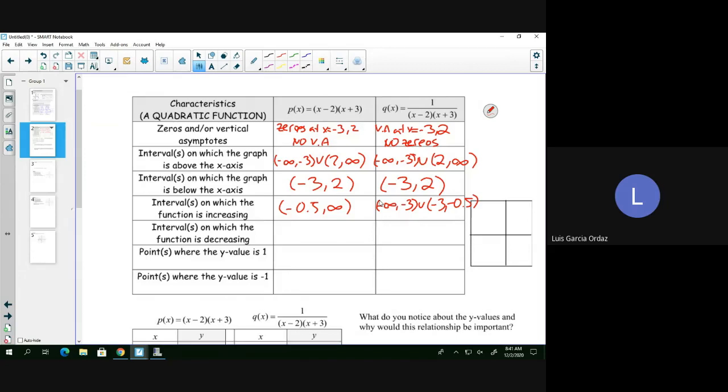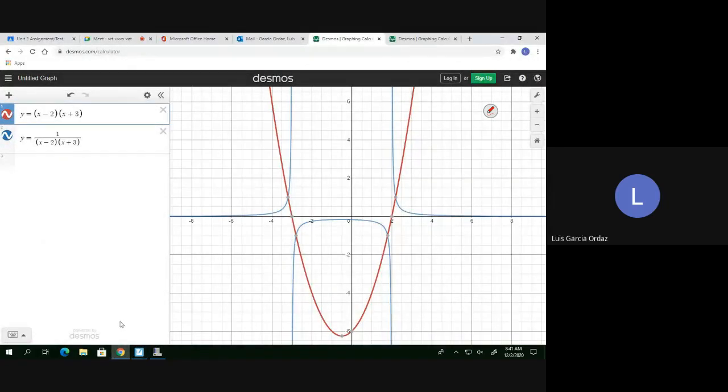All right, now how about our intervals of decrease for our parent function? Negative infinity to negative half. Yep. And for the reciprocal? Negative 0.5 to 2. Yep. And then 2 to infinity. Yep.